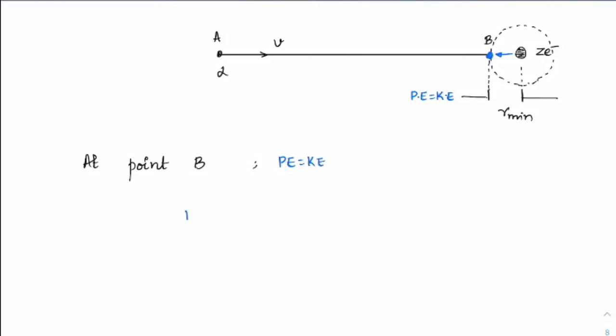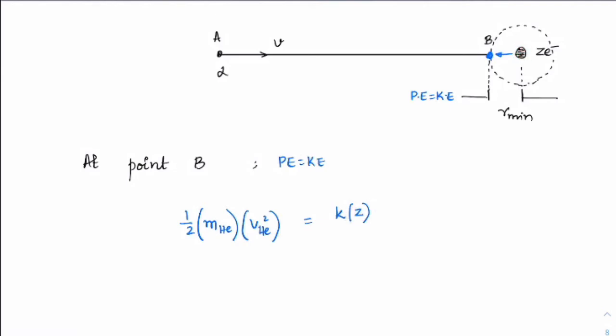So I can say half into the kinetic energy of this alpha particle. The alpha particle will have some mass of helium into v square, v of helium square, and that is equal to the potential energy, which is K into Z, where Z is the charge of the nucleus of this atom. Recently there was a question asked with copper's nucleus.